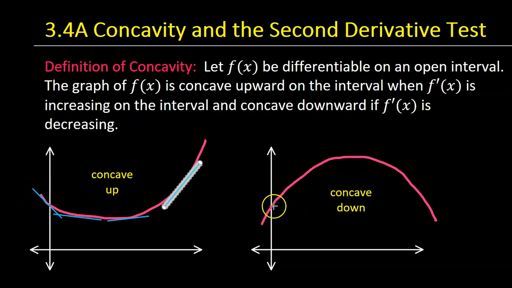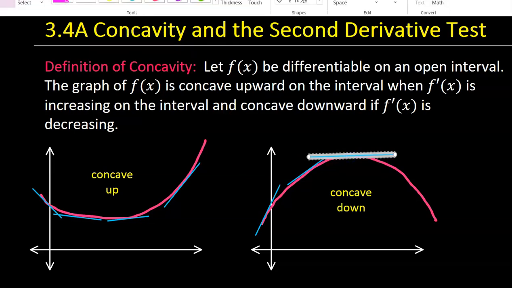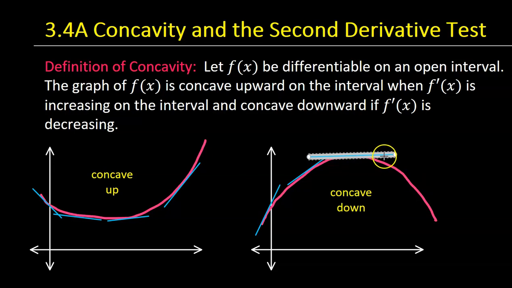Similarly, if you look at the second graph, we can see that the slope right here at the beginning is positive. Then if we go over a little bit, we still have a positive slope, but it's less positive. So the slope is decreasing. Somewhere in here, the slope would be 0. Then if I keep going, the slope becomes negative.